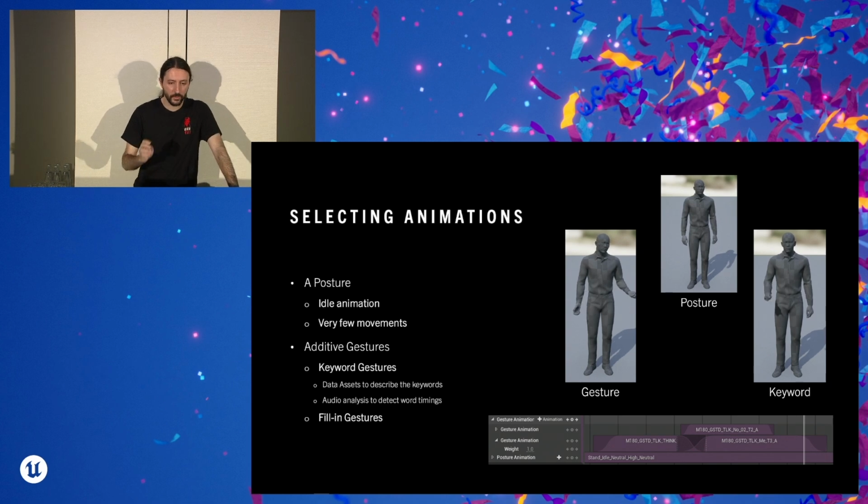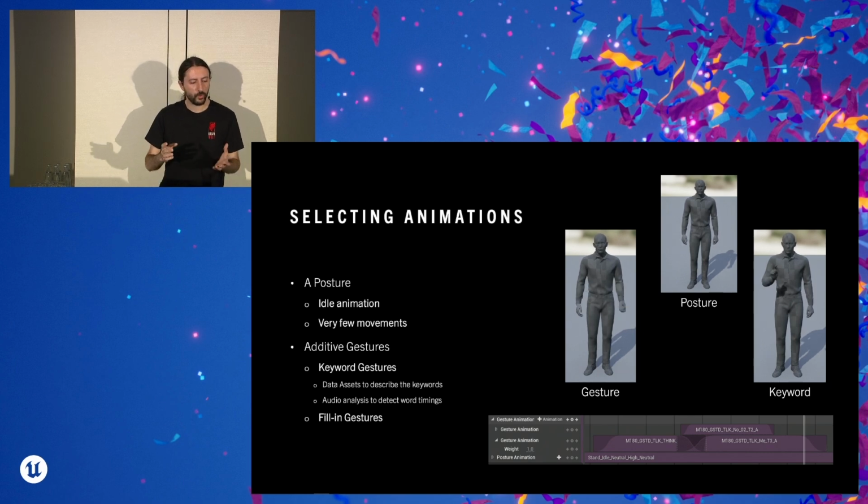We have two types. The first one we are trying to find are the keyword gestures. So we have big data assets that describe some keywords. So maybe you have the "you" keyword, but it corresponds to a bunch of words: you, yourself, yours. And we have data assets that describe that.